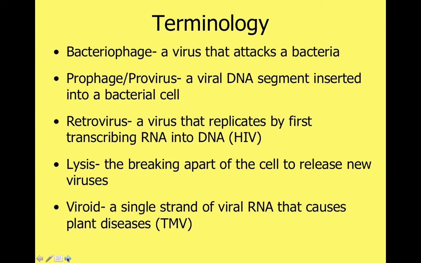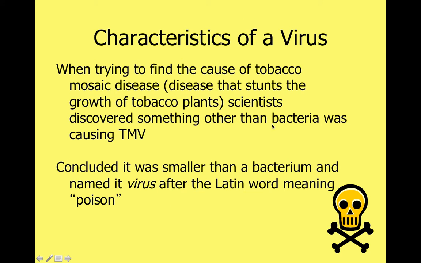We'll get to those later on as we go through this, but my last thing is a couple of things about how viruses were discovered. First of all, we have the story of a scientist named Stanley Wendell. I'll write that down for you right here.